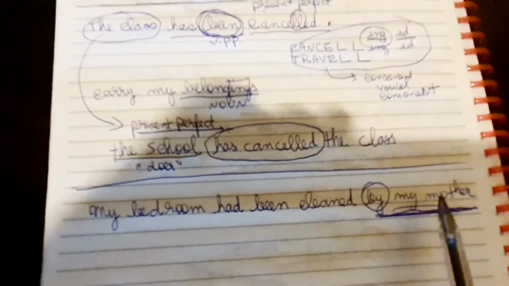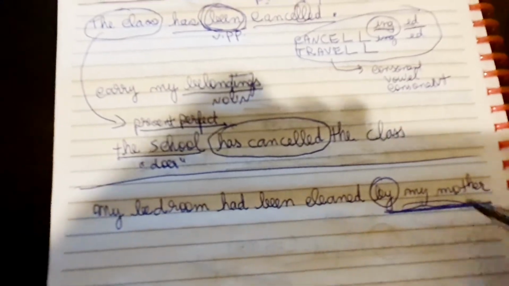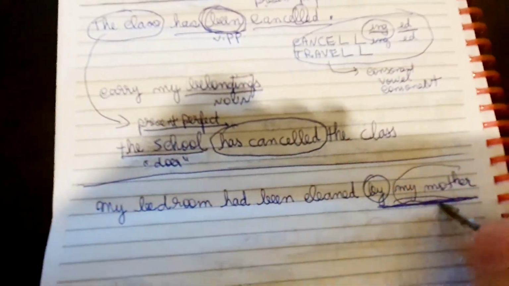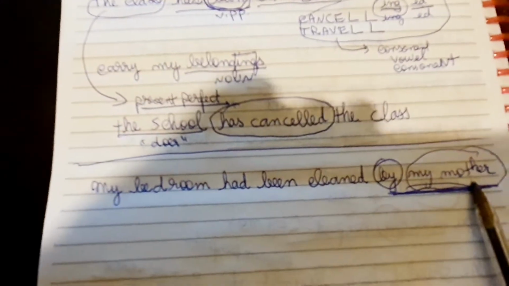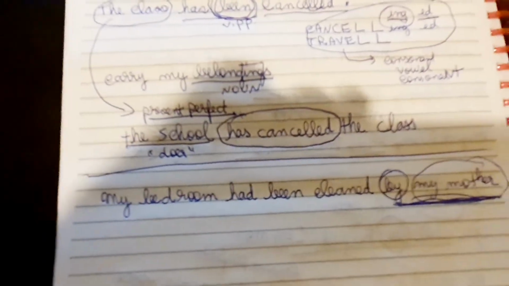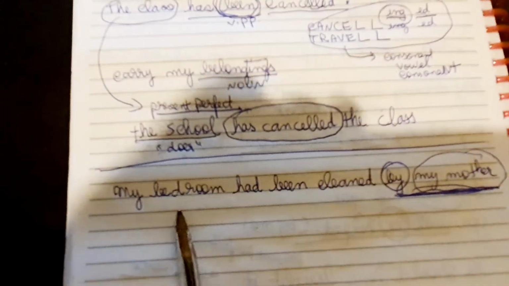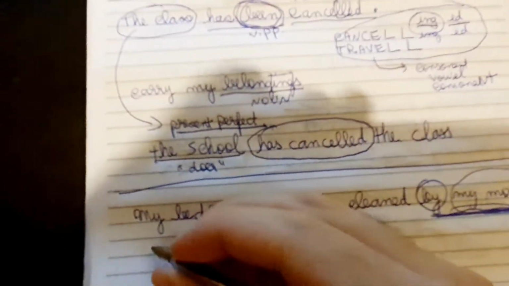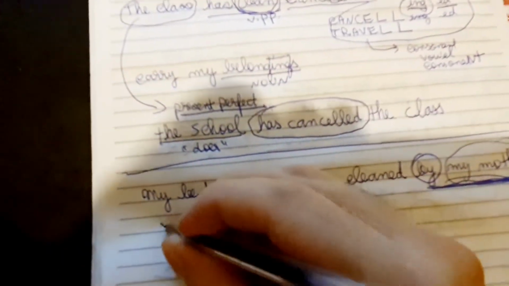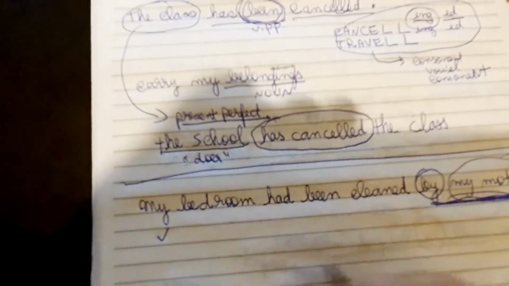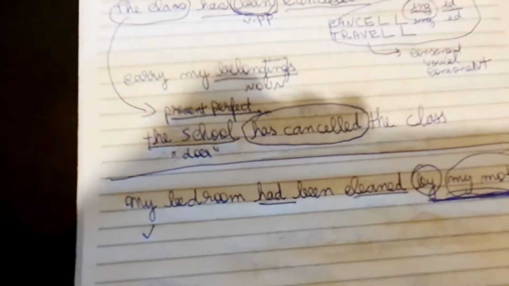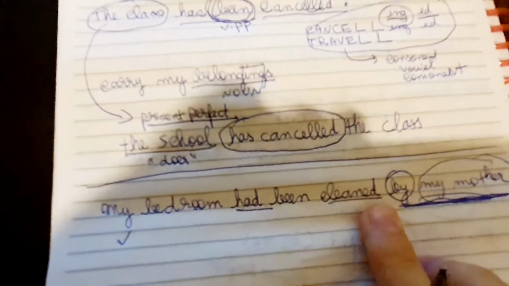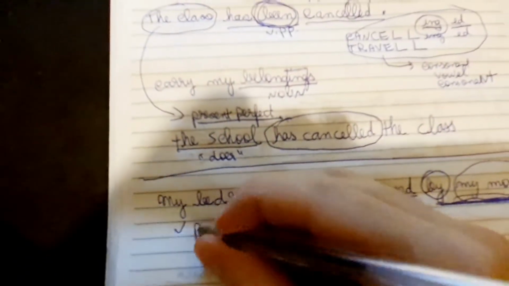But you can also understand that my mother is the doer of the action. So is this the passive voice or active voice? Passive voice. So let's check the characteristics of the passive voice. First, which verb tense do we have here? Had cleaned. Had cleaned is the past perfect.